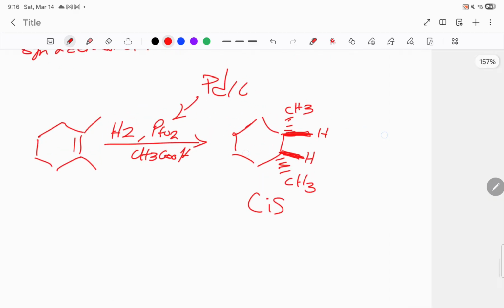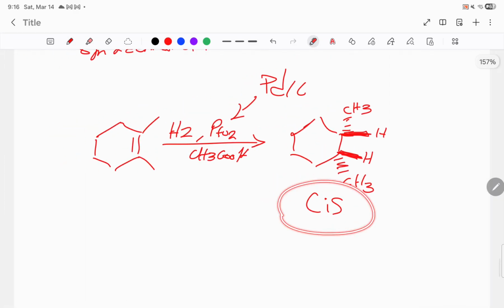Now, remember, you can use cis and trans terminology when it comes to a ring or an alkene. So don't be thinking that just because this is an alkane, I can't use the word cis or trans, because I can. It is a ring system. In a cyclic system, you can use that.